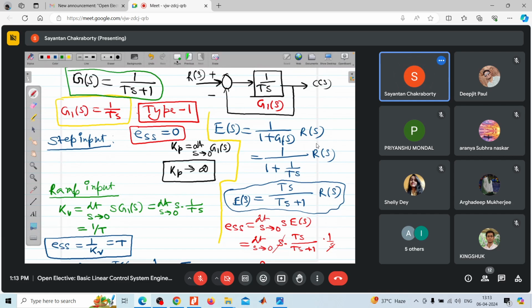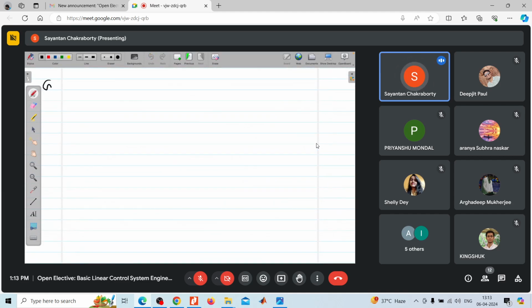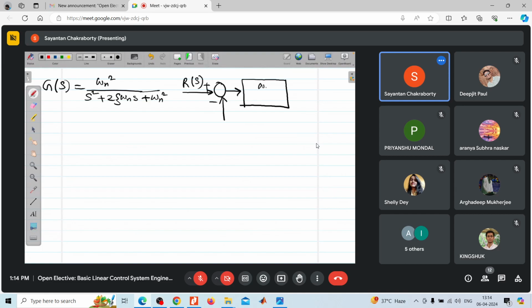Next, for the second order system, we recast them in this form. Right?